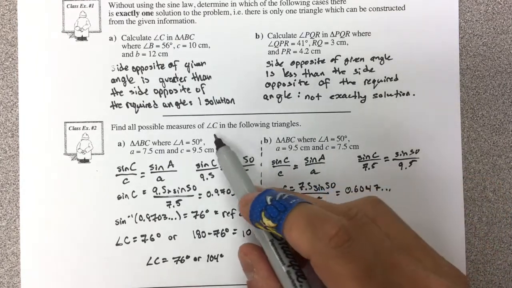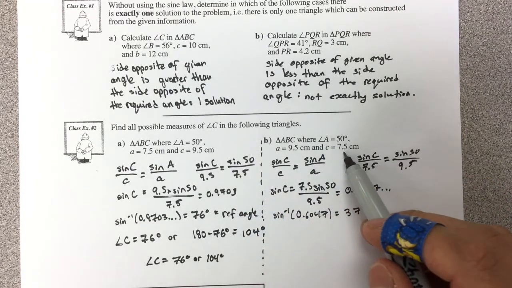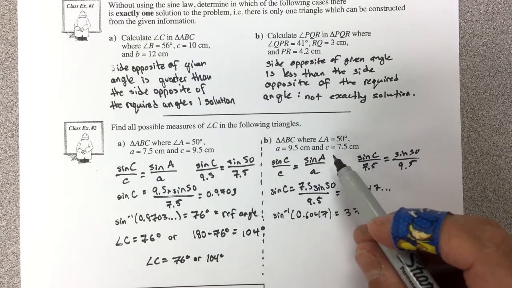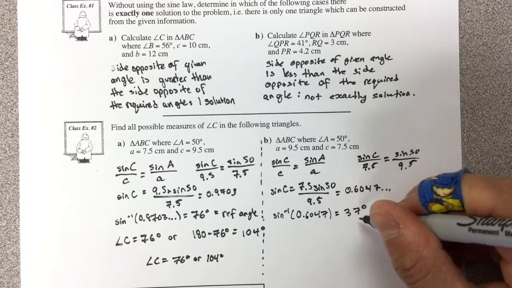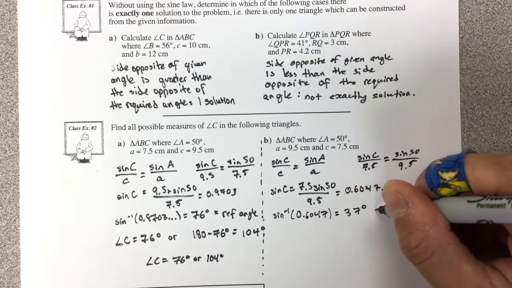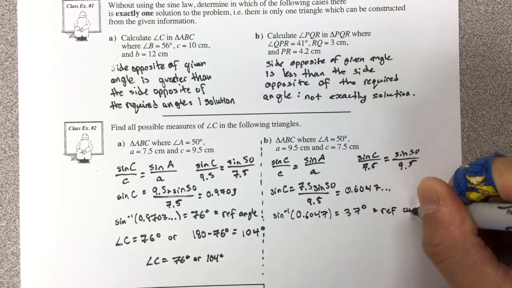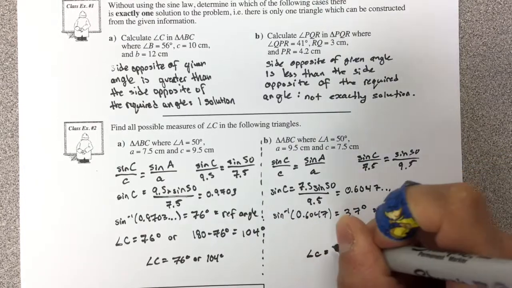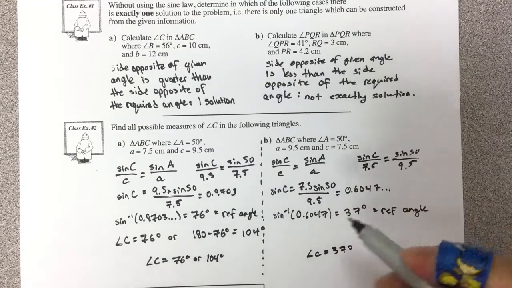But my required angle, which is C, has a side opposite that is less than the side opposite the given angle. So that means there's only one solution, and that's equal to my reference angle. All right, so that 37 degrees is my reference angle.